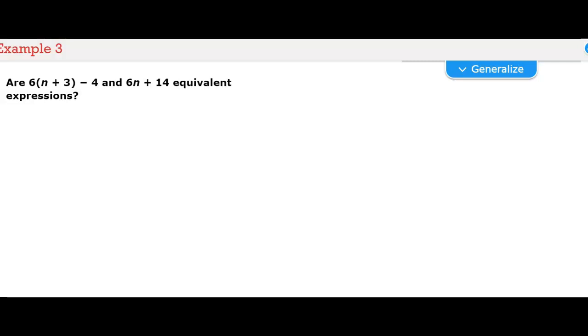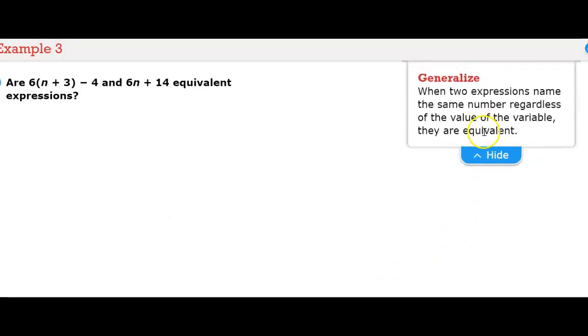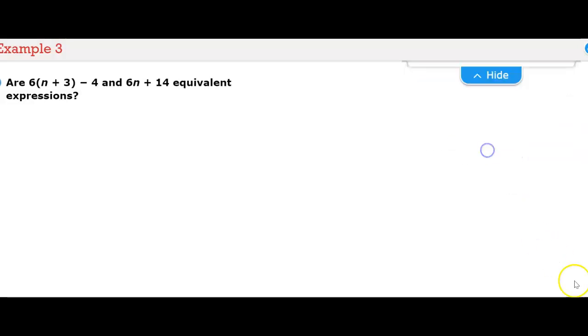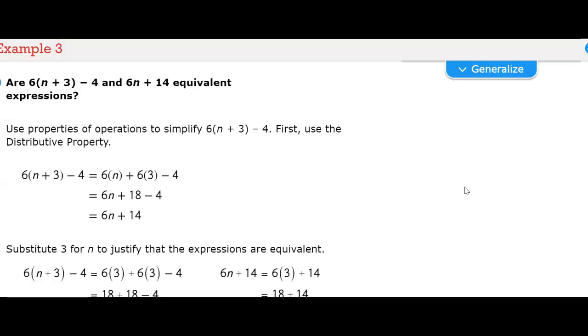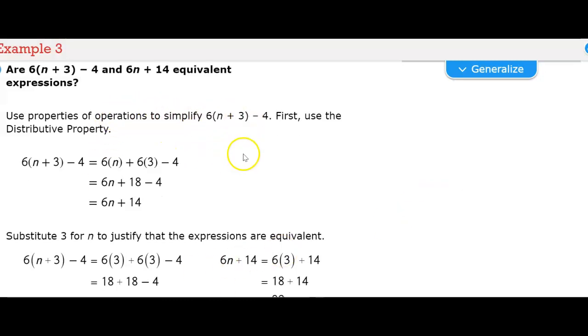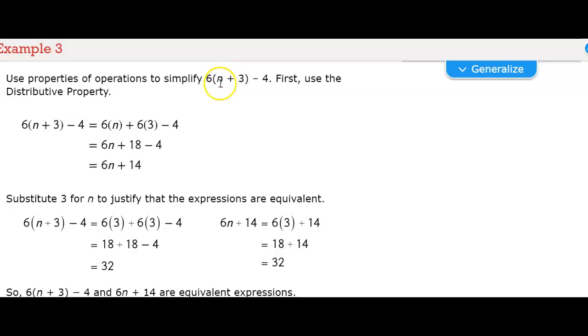Are 6 times the quantity n plus 3 minus 4 and 6 times n plus 14 equivalent expressions? You would use properties of operations to simplify 6 times the quantity n plus 3 minus 4.